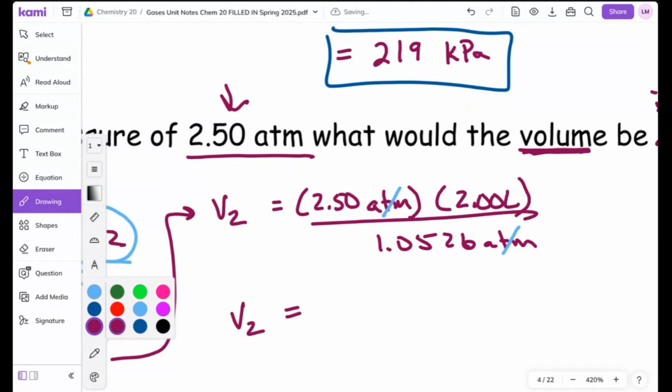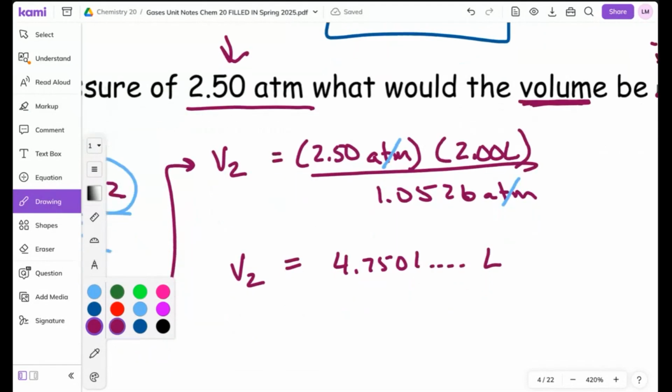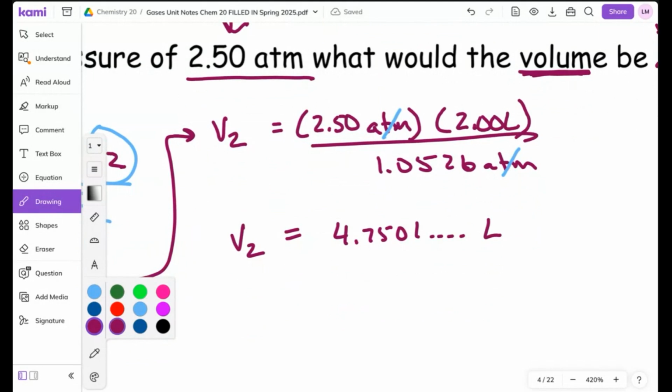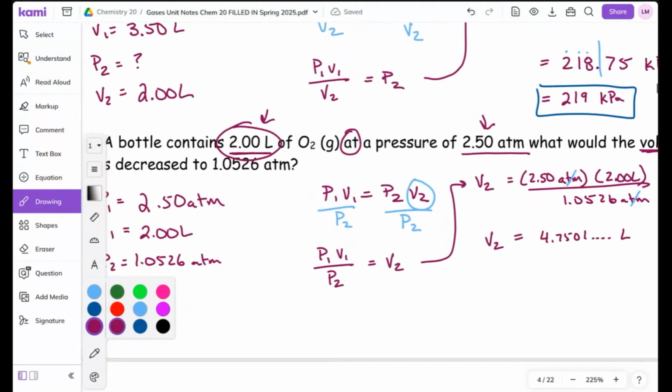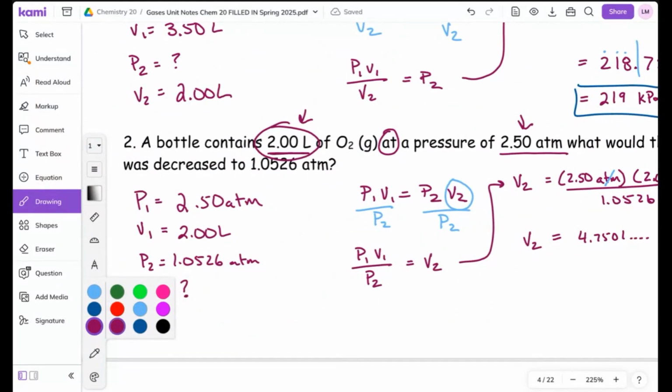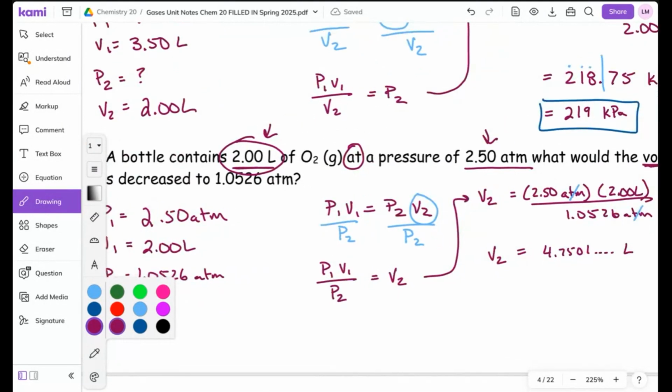So if I take 2.50 times 2 divided by 1.0526, what I'm going to get here is 4.7501, and the number keeps on going forever. Now, if we look at our given numbers, 2 liters has 3 sig digs in it. 2.50 atmospheres also has 3 sig digs.